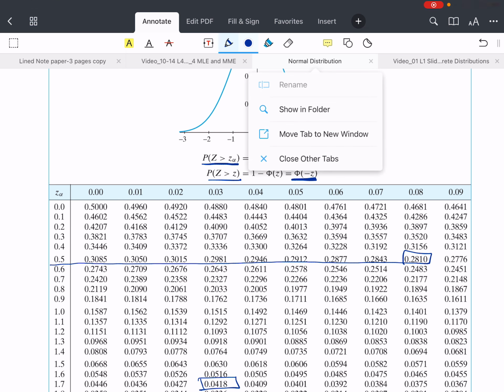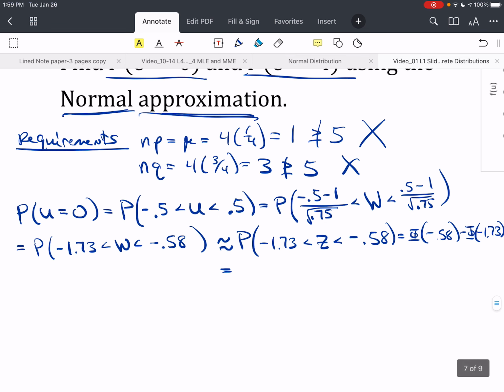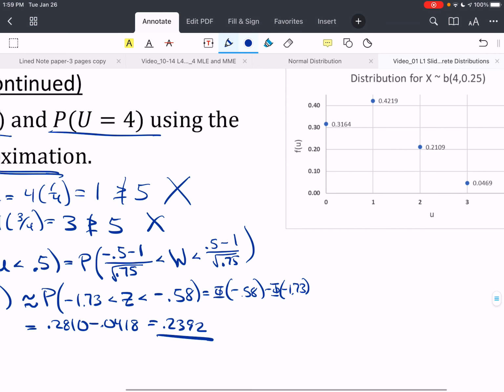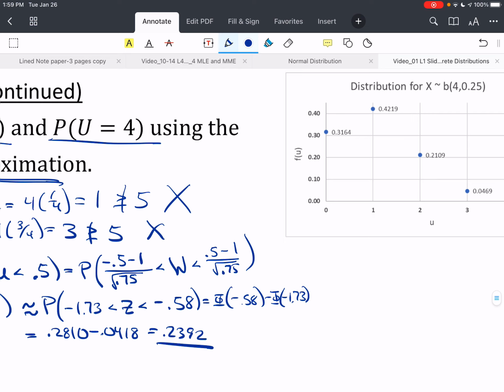Now, I'll transfer that over to the slide we're working with, and this is going to be 0.2810 minus 0.0418, which is equal to 0.2392. Now, what should it be? It should be 0.3164, so this is way off.